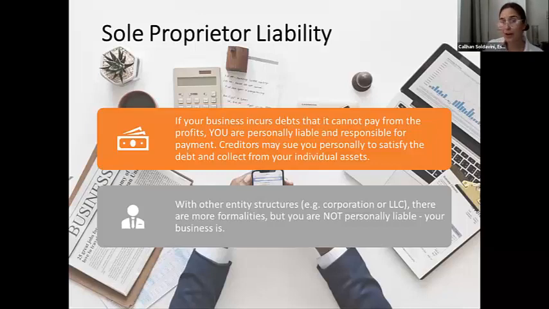It's not separating the business liabilities, because under the eyes of the law, a sole proprietor is the same as the business, one single entity. With other entity structures like the corporation or LLC that we'll dive into, you do have to pay attention to some more formalities, but you are not personally liable. Your business is.